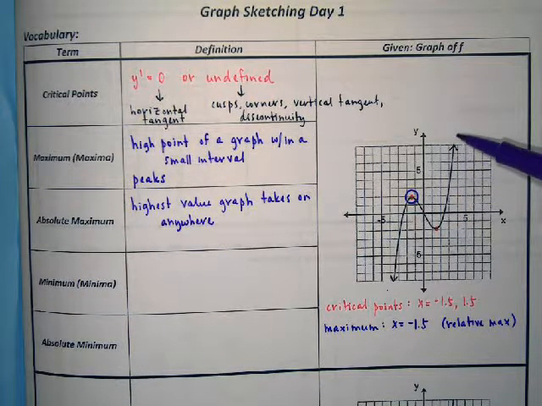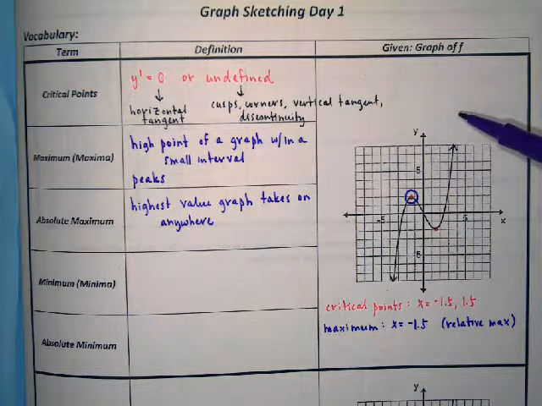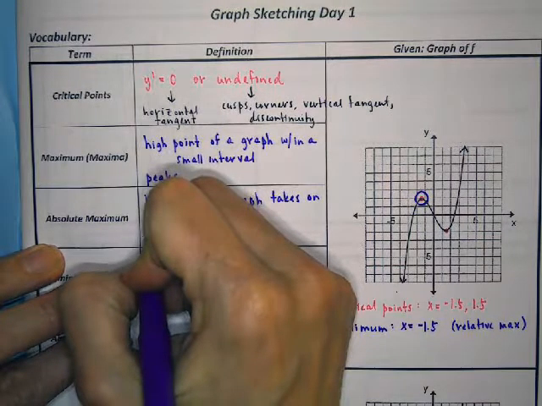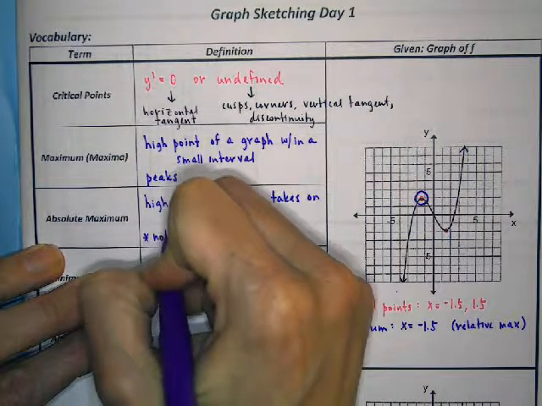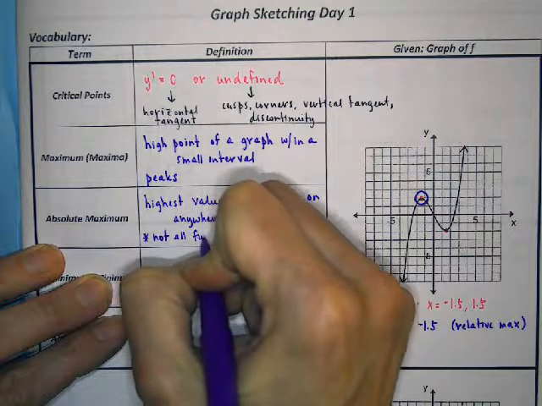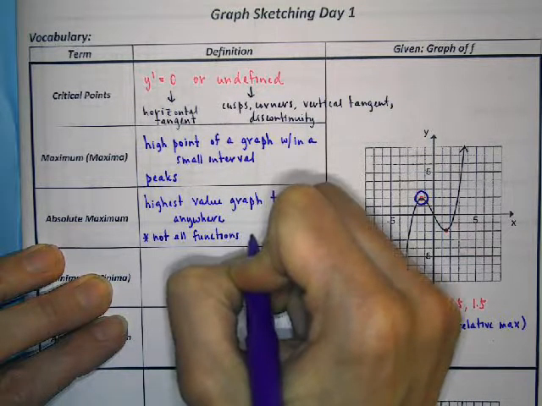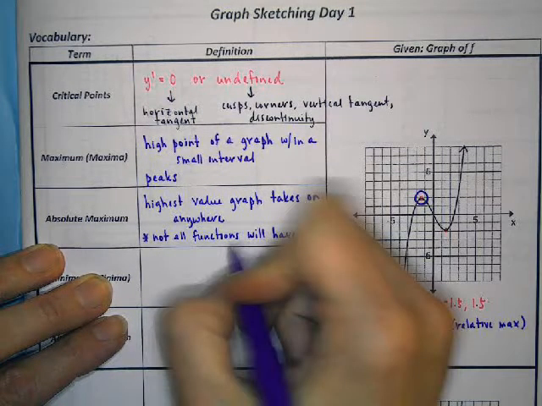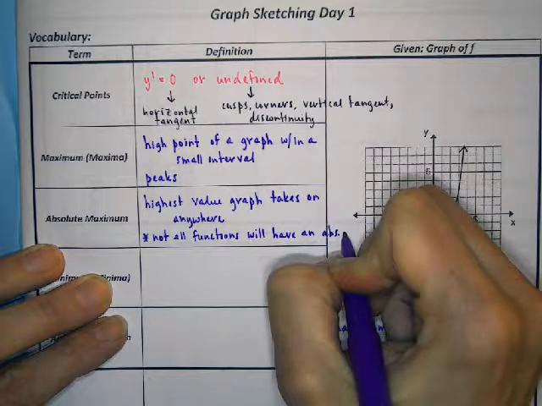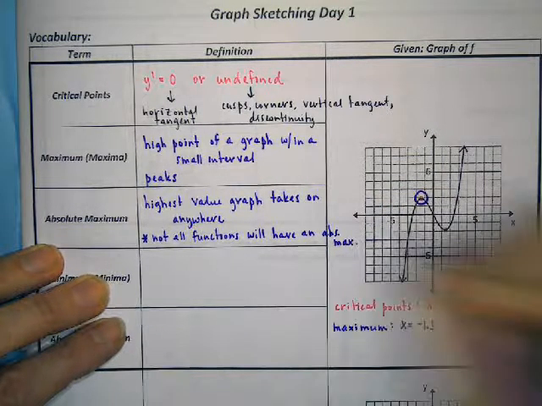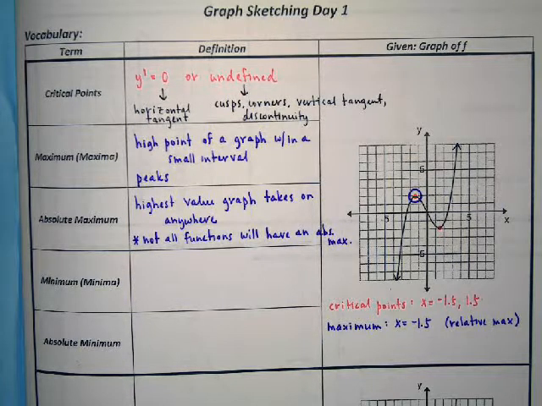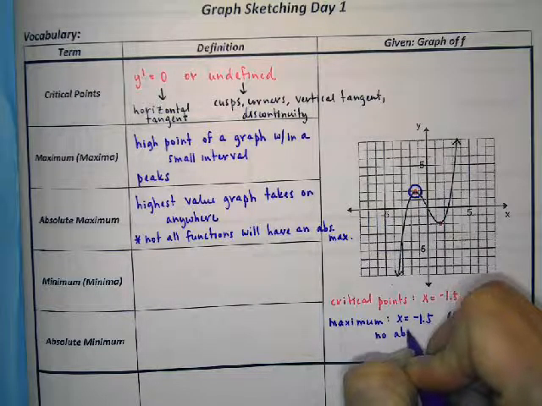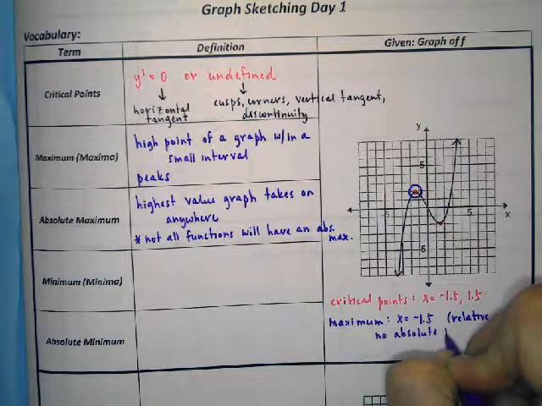However, this is just going to keep going to positive infinity. So I can't pick out an absolute maximum for this function. It's important to note here that not all functions will have an absolute max, and I'm going to abbreviate that as abs max. So I'm going to make a note here to say no absolute max.